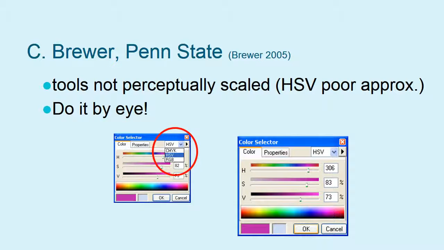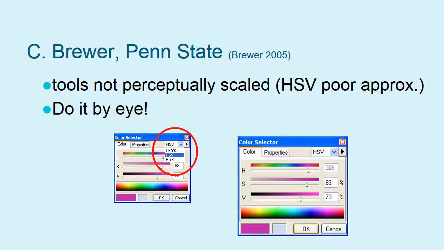A couple of final things. One of the things you really should investigate are Cynthia Brewer at Penn State, her Color Brewer. Color Brewer 2. If you do a Google search for it, that tool will come up and it will give you colors that will work for the colorblind. It's geared towards inherited color blindness. She points out that again the tools that we have, let's say you're using ArcGIS, are not perceptually scaled, and she recommends that you do it by eye.